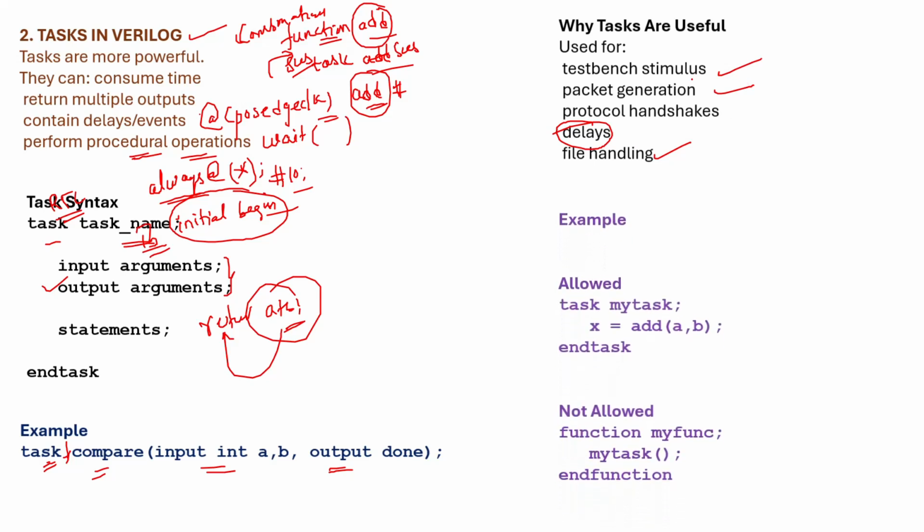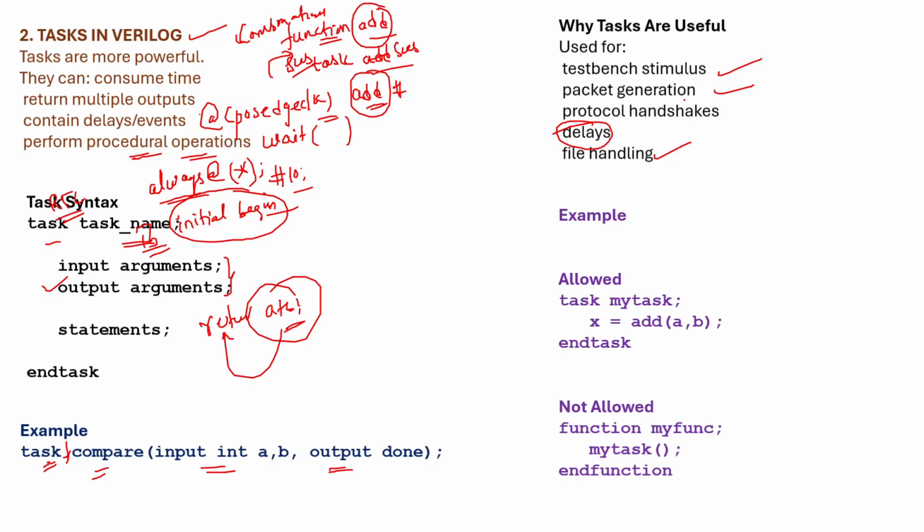Say a simple example. What is the simple example? Task, my task, some x equal to add a comma b. Directly we have written, right? So that is the task. Okay, this function does not allow my task inside this.